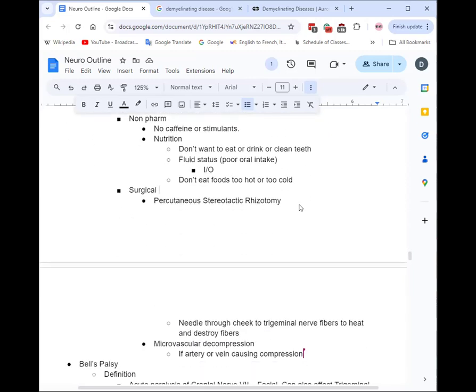So anticonvulsants, if they have a positive response, confirms the diagnosis. And then in addition to help comfort, you can give stuff for nerve pain, muscle relaxants, and injections to help numb as well. Just watch their I and O mainly. Assess their oral mucosa, no stimulants of any kind. And I think those are the main things you really have to know for trigeminal neuralgia.